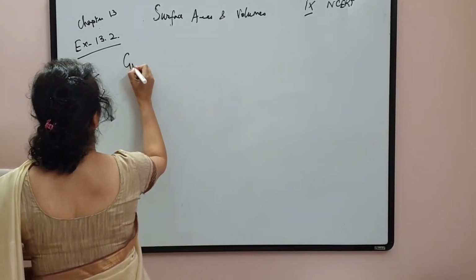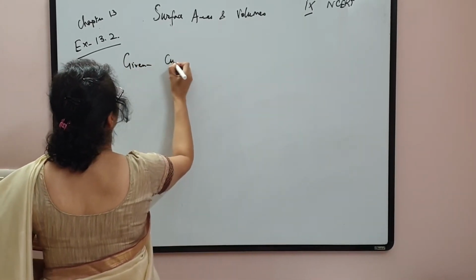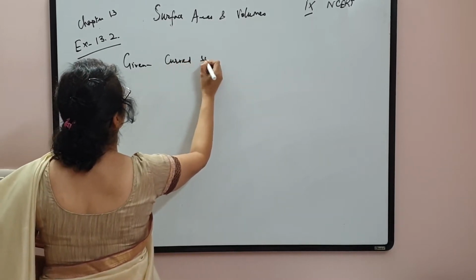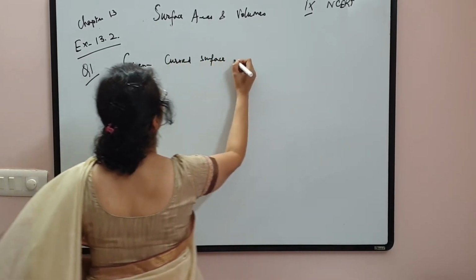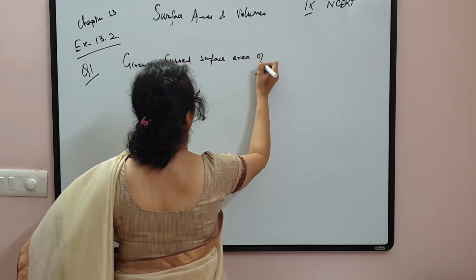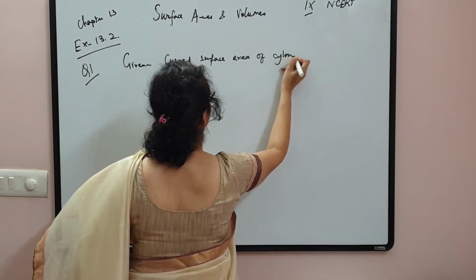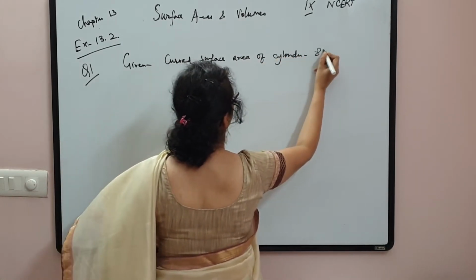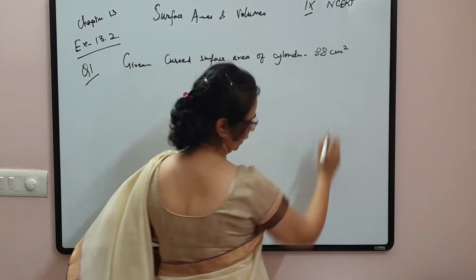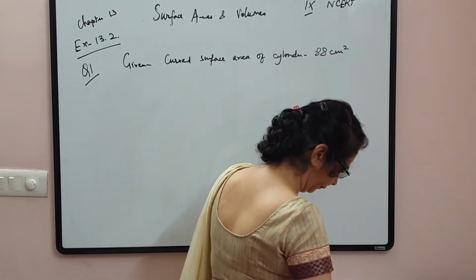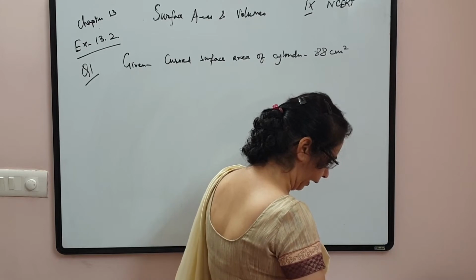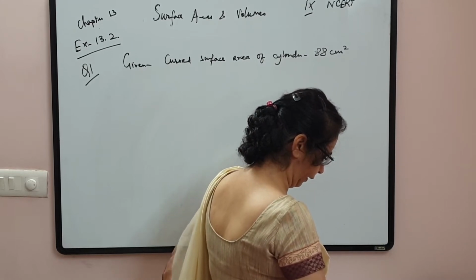So given is the curved surface area of the cylinder is 88 centimeter square. Okay, and the height of this cylinder is 14 centimeter.